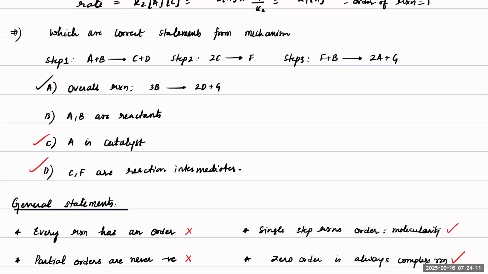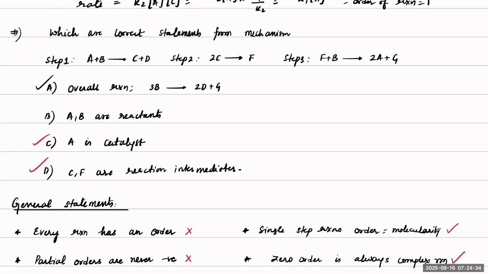Which are reactants, which are intermediates, which are catalysts. All those parts. So when you add all of those steps, step 1, step 2, step 3, what is it that you're finding out? You're finding that A and B were always part of the reactant side, isn't it?